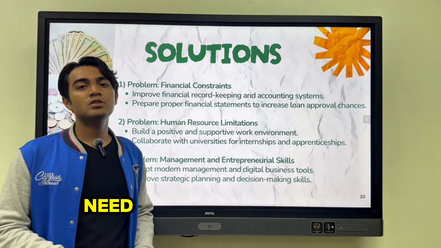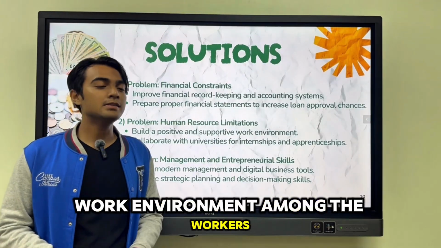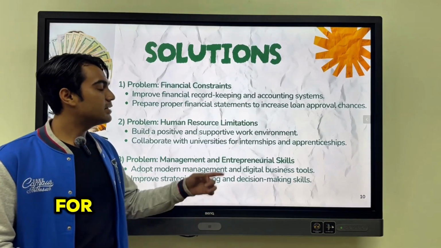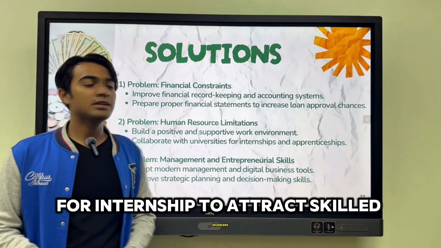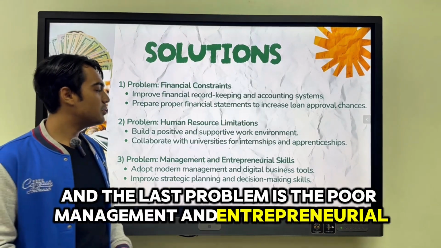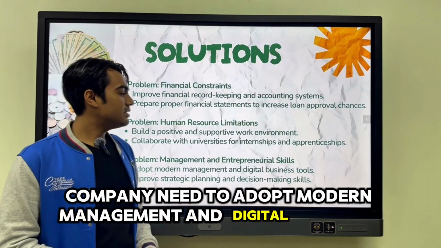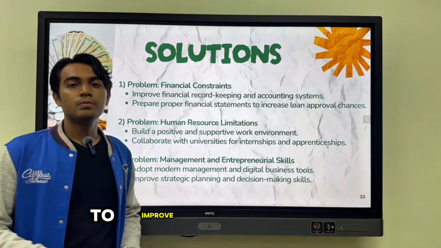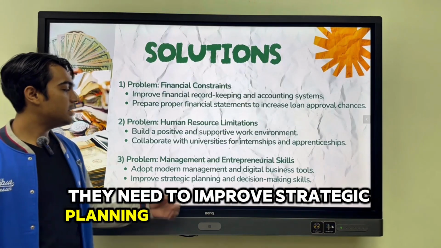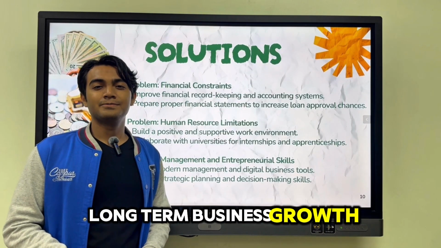So the company needs to build a positive and supportive work environment among the workers and collaborate with university students for internships to attract skilled workers. And the last problem is poor management and entrepreneurial skills. The company needs to adopt modern management and digital business tools to improve efficiency. And lastly, they need to improve strategic planning and decision making to ensure long-term business growth.